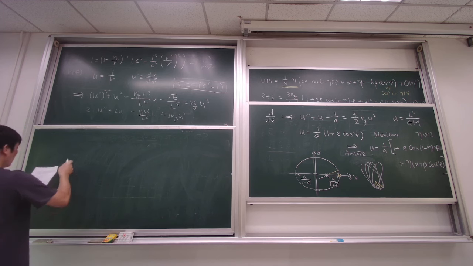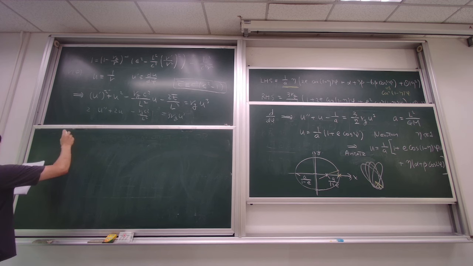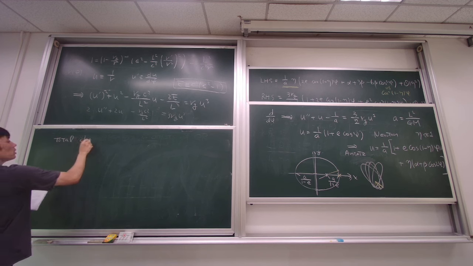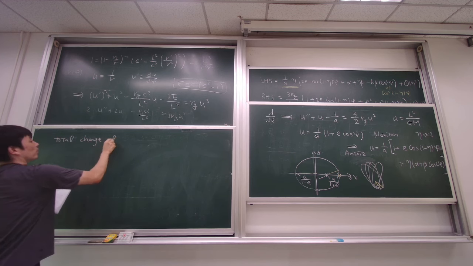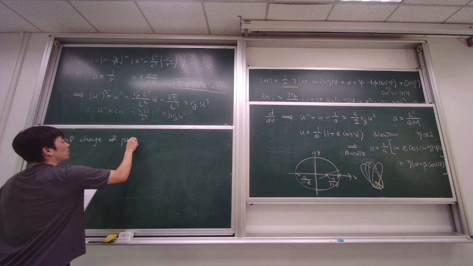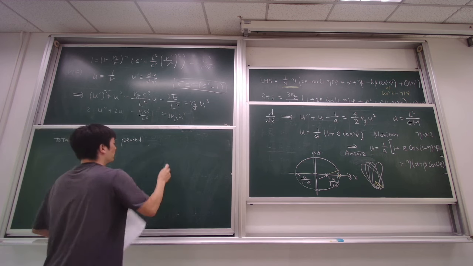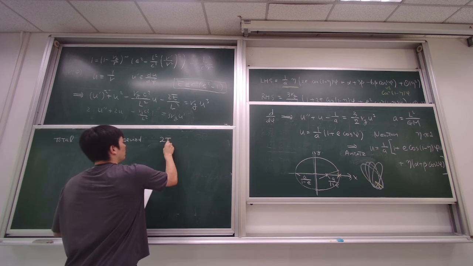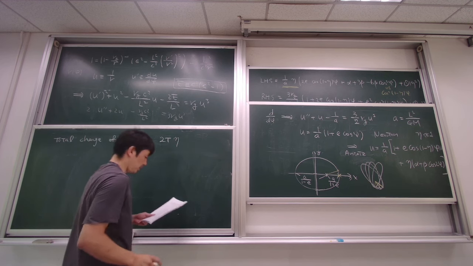Okay. So the total change of period is no longer 2 pi. We need a 2 pi plus 2 pi eta.